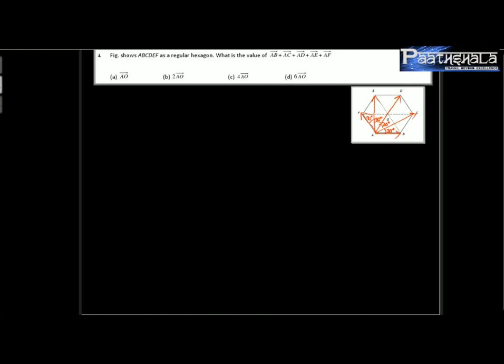And hence we get the sum to be equal to AD plus 2 times AC cos 30 plus 2 times AB cos 60.